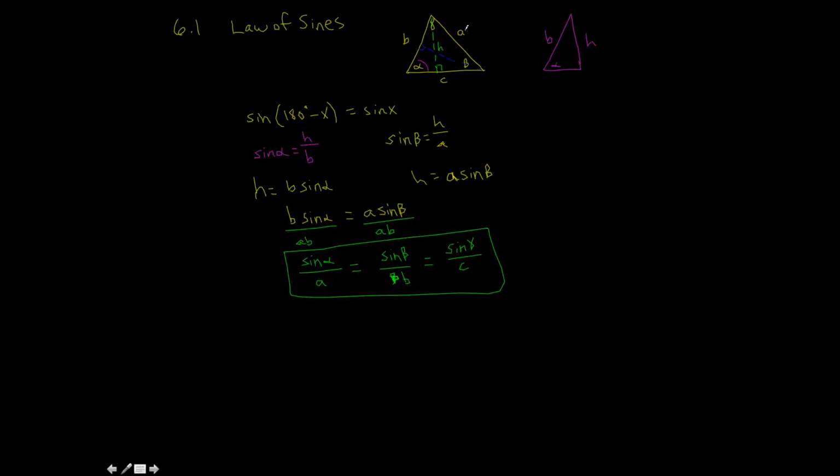Alpha, A is the opposite side. Beta, B is the opposite side. Memorize that triangle. That relationship that those play to each other, being opposite sides, will be very key to you being able to get these problems right.